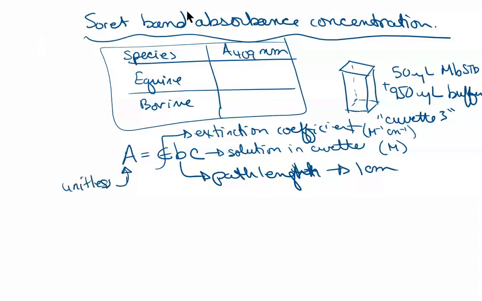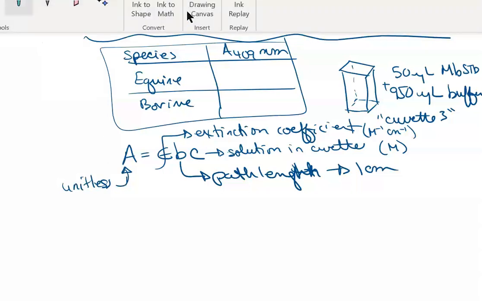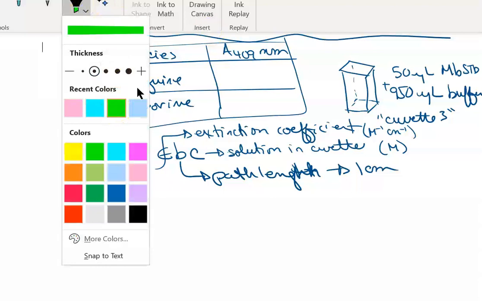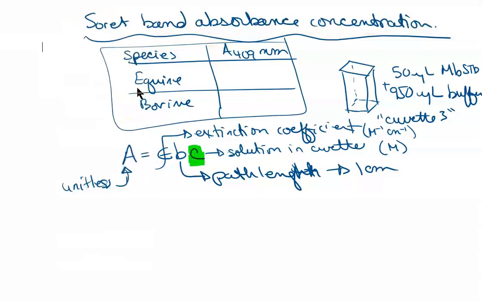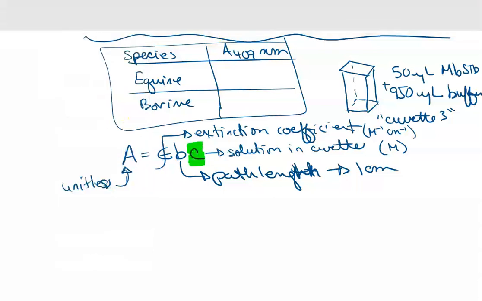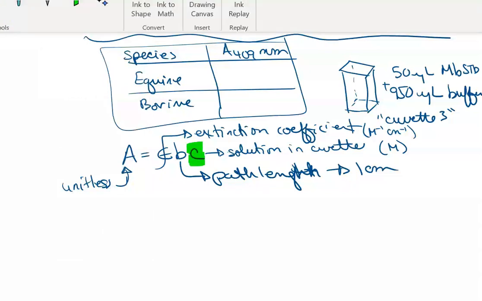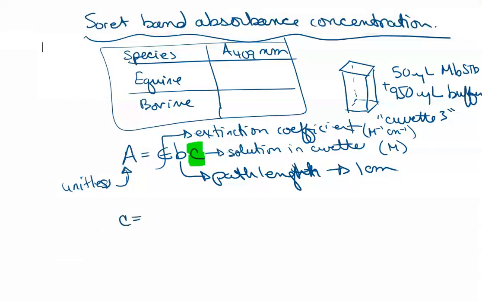Okay, what do we want to know? We want to know the concentration. So we're going to solve the equation for the concentration term, and that is equal to absorbance over epsilon times b, which is our path length.